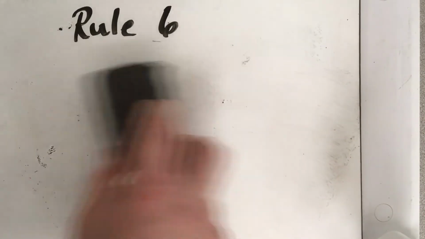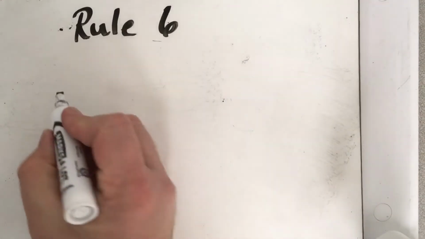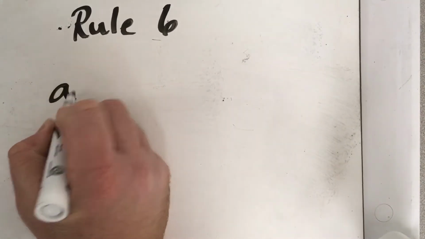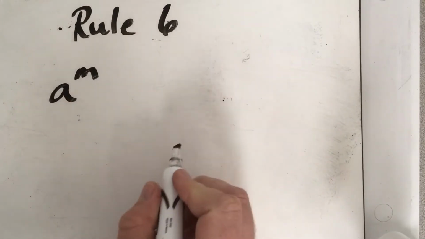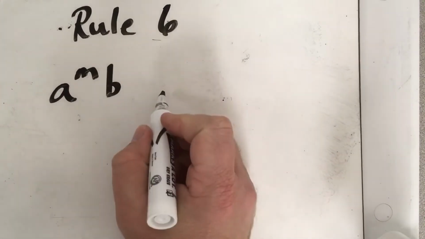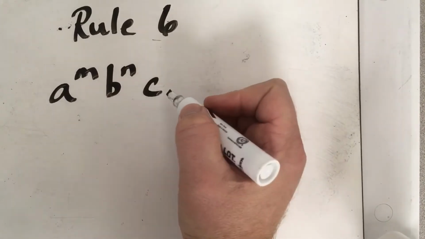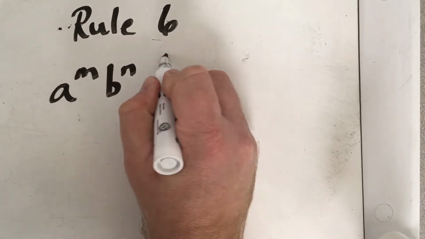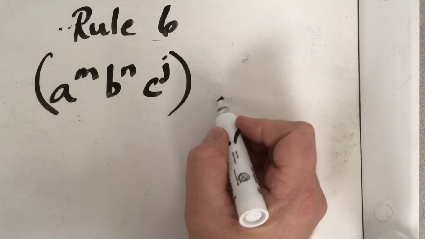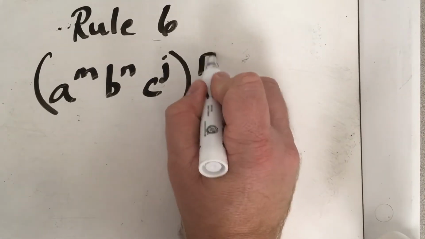So here's the generic form of rule 6. So you've got a to the m, b to the n, c to the j. And this isn't the only form of it.